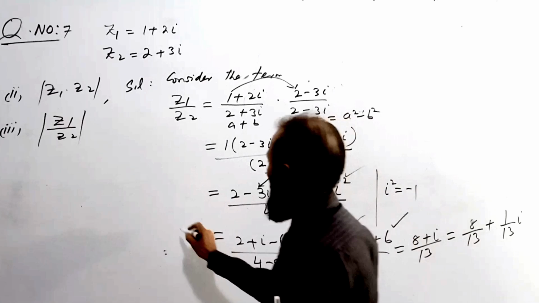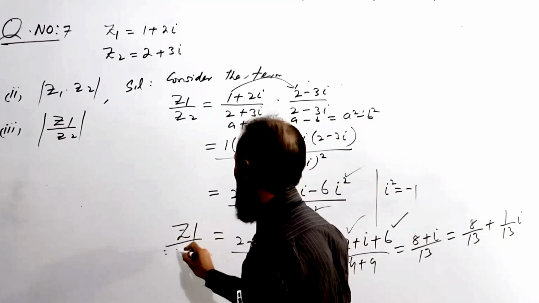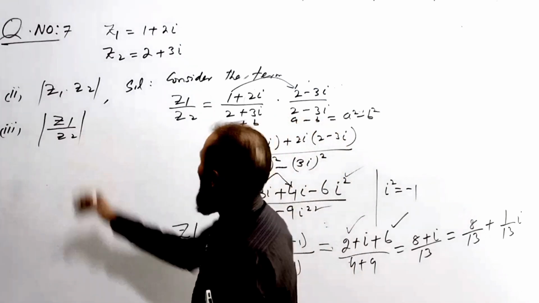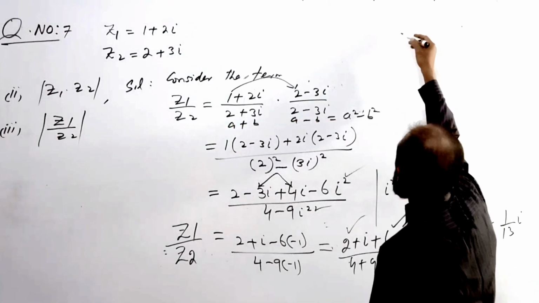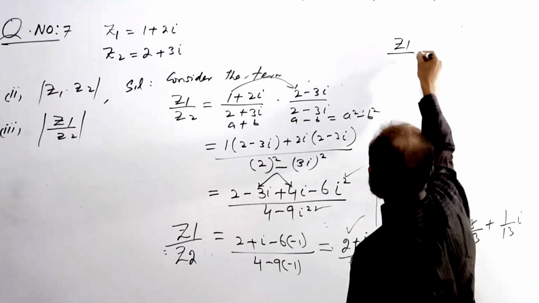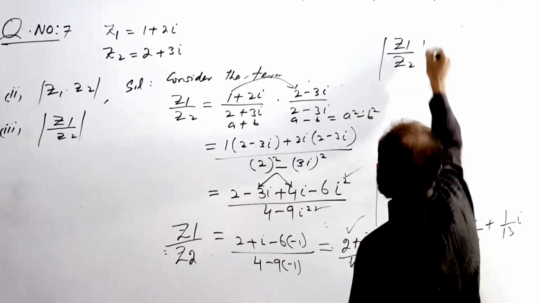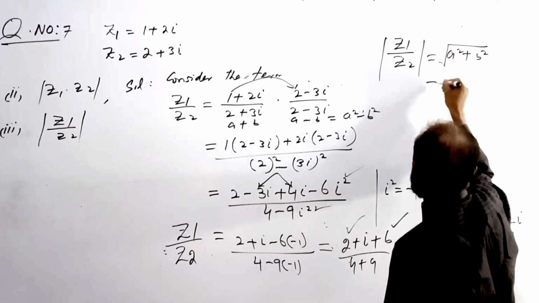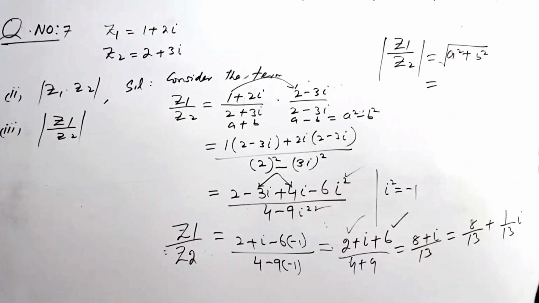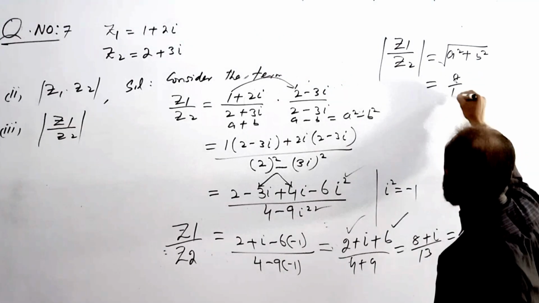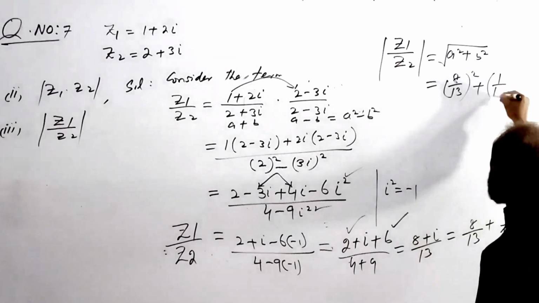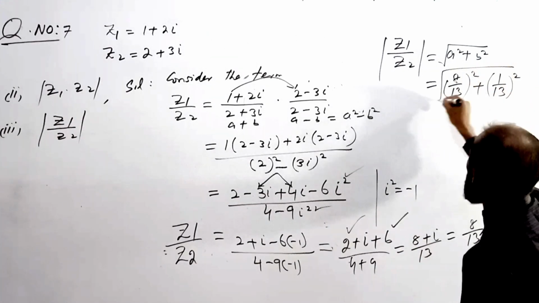Now this one is the solution of z1 divided by z2, but here the requirement is the modulus. So now we take the modulus, which is equal to the square root of a square plus b square. This is the general formula of the modulus of any complex number. Here a is equal to 8 divided by 13, whole square, plus b is equal to 1 by 13, whole square root.